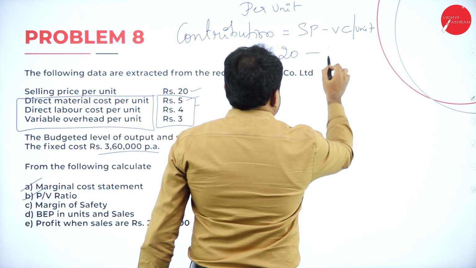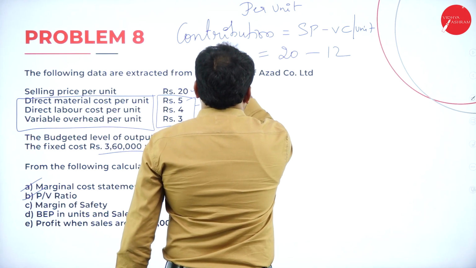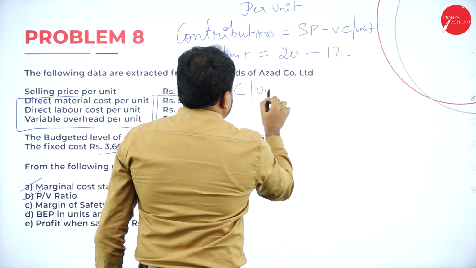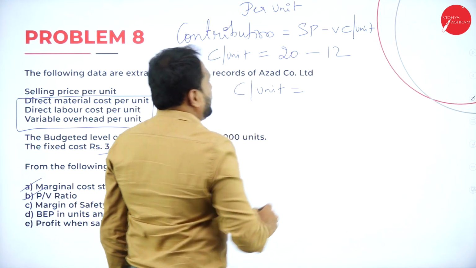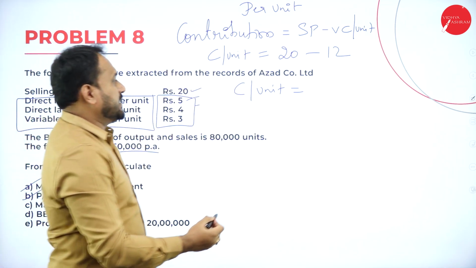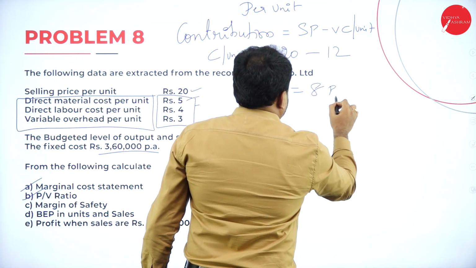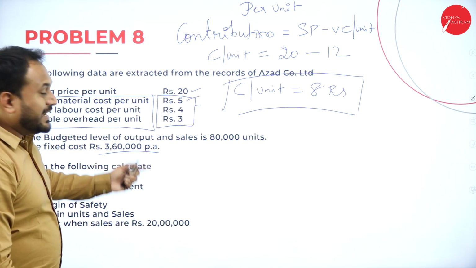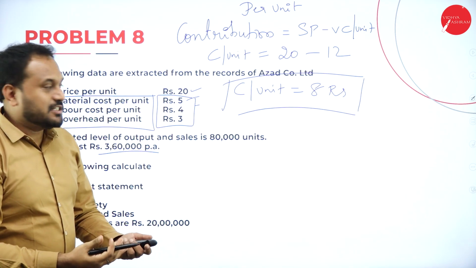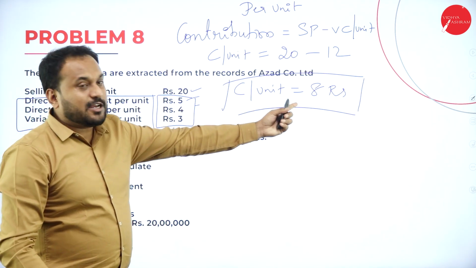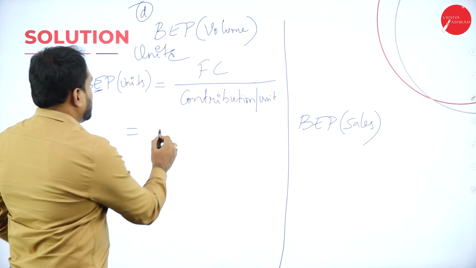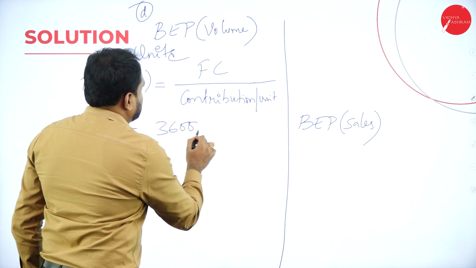So 20 minus 12 is equal to contribution per unit, which is 8 rupees. So BEP in units is fixed cost divided by contribution per unit. So here we'll go with 3,60,000.